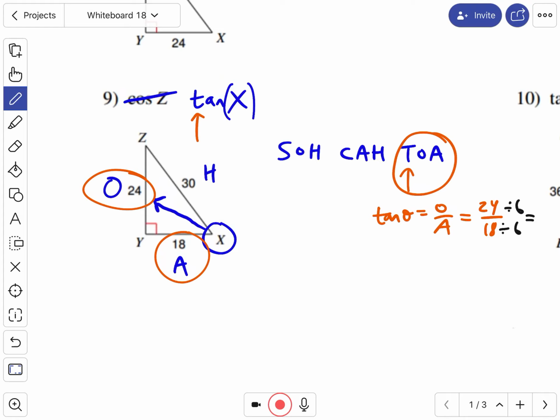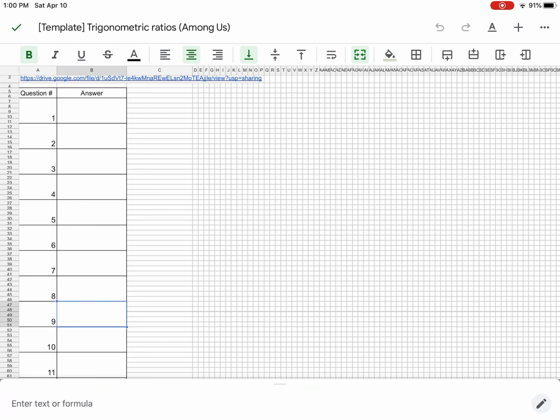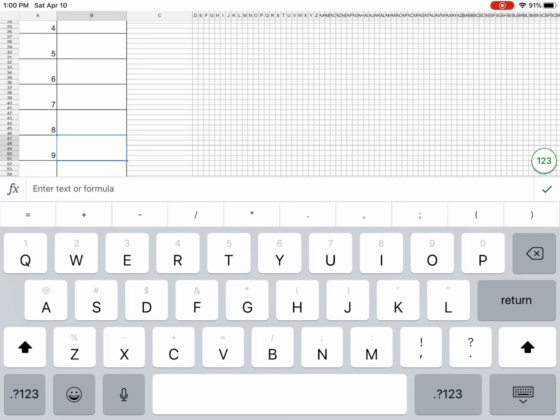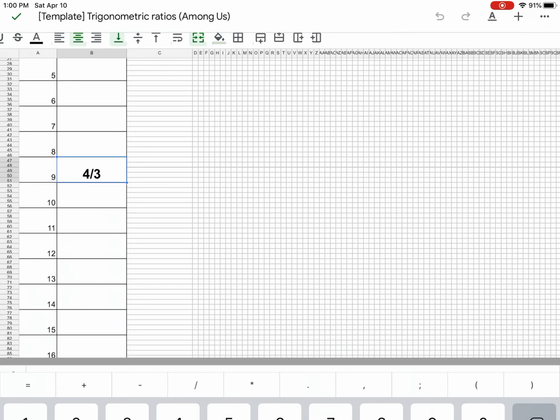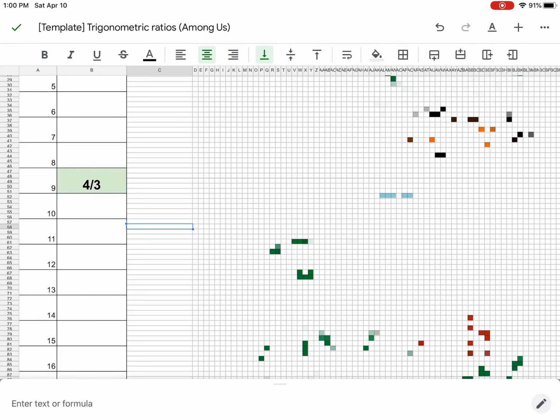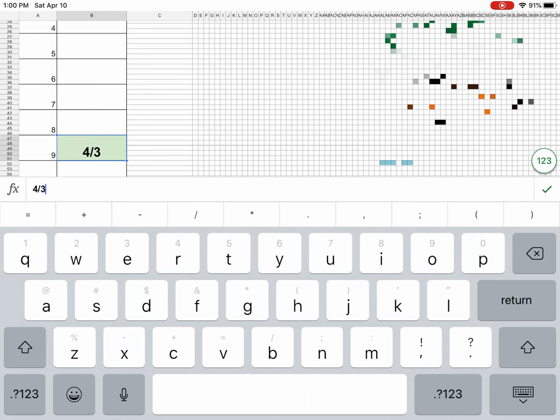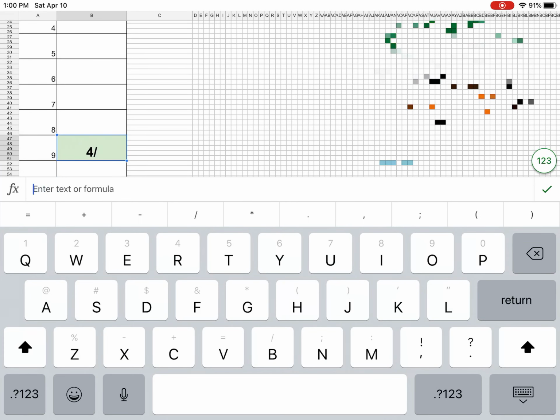Yeah. So 24 divided by 6 is 4, and 18 divided by 6 is 3. So this is actually the one that's going to give us our actual picture. What was it, 4 over 3? And yeah, that's why 4 over 3 works for number 9.